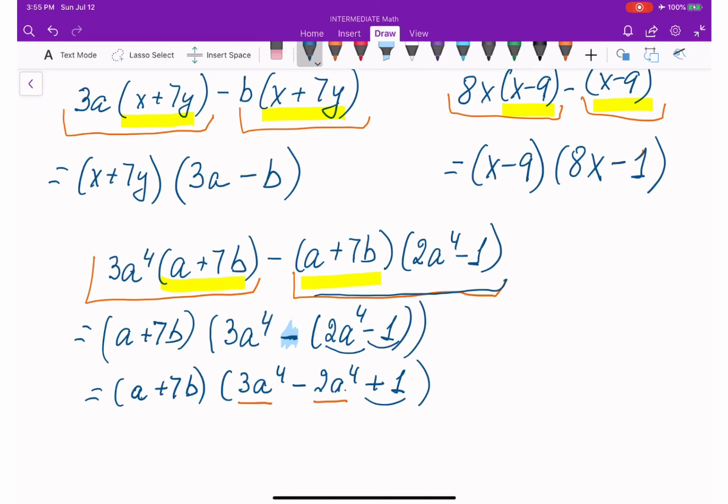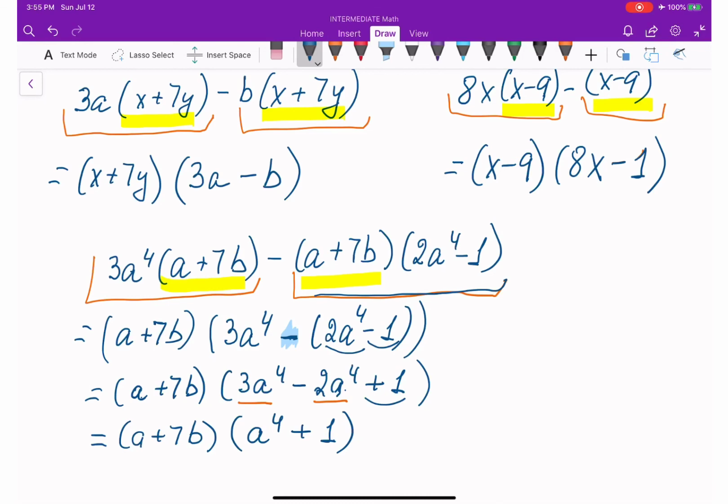And we will have (a plus 7b) times (3a⁴ minus 2a⁴), which gives a to the power 4 plus 1. And this is going to be our answer.